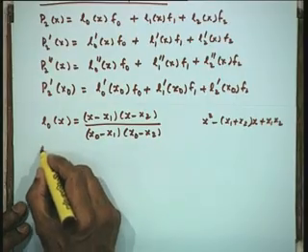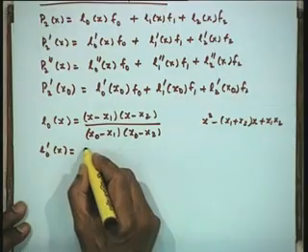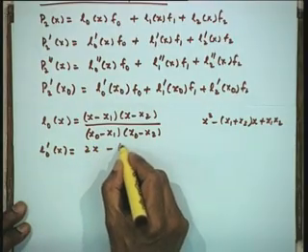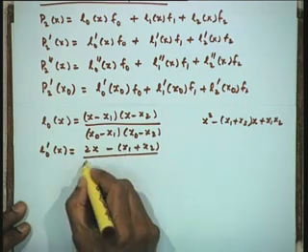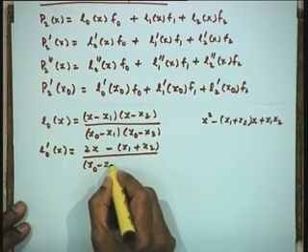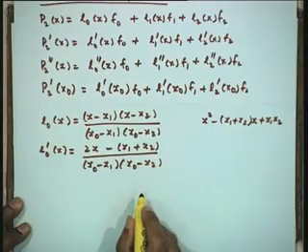Therefore, I will get the derivative of this as: I differentiate this, 2x minus (x1 plus x2), divided by the same quantity (x0 minus x1)(x0 minus x2).